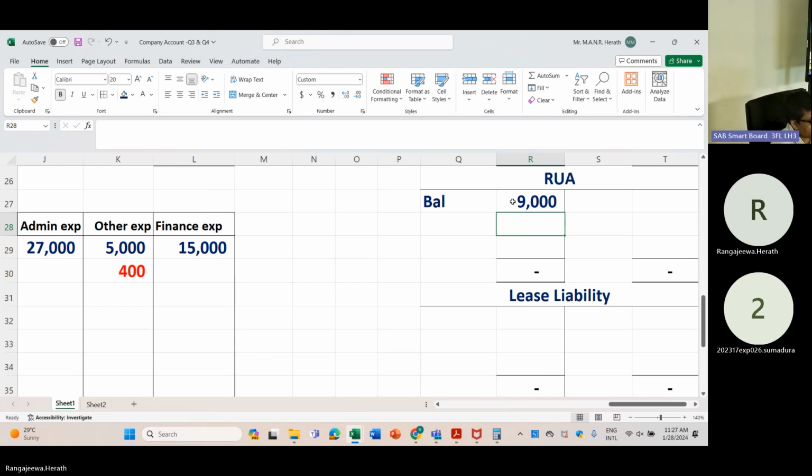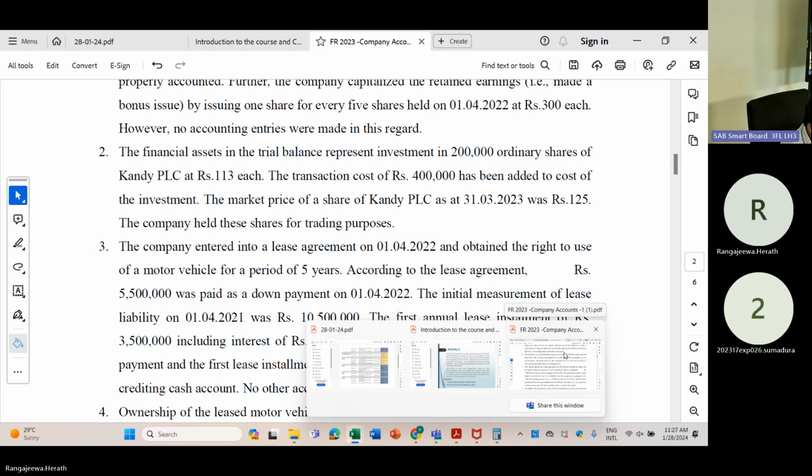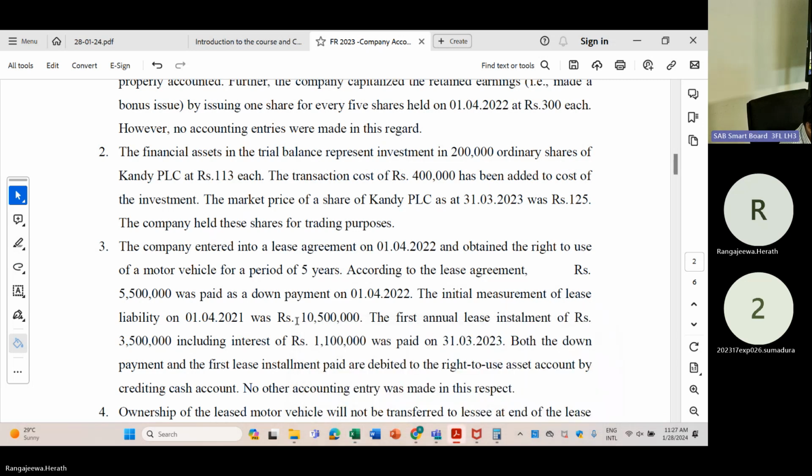Out of this 9,000, then you are given the initial measurement of lease liability 10,500. So that is not accounted. Initial measurement of lease liability 10,500.